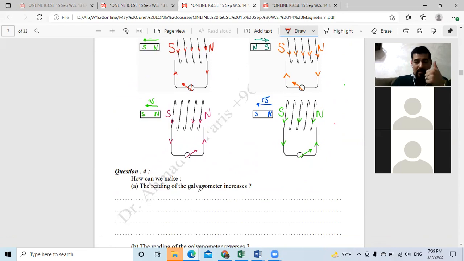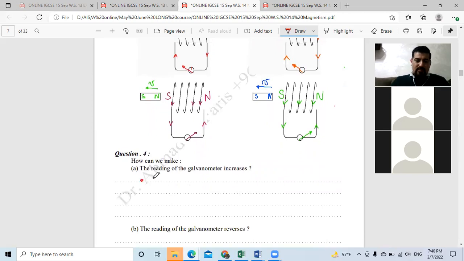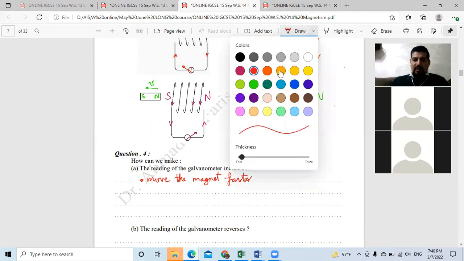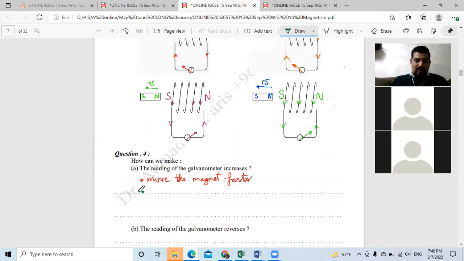Use a stronger magnet. Bravo. Move it faster. Move the magnet faster. What about the turns here? Exactly, more turns. So the answer: first, move the magnet faster. Number two, use a stronger magnet.